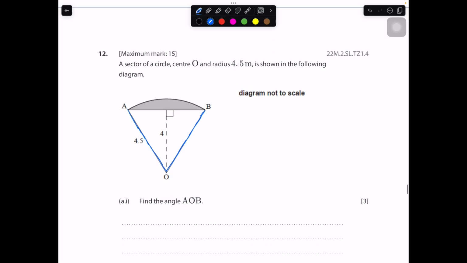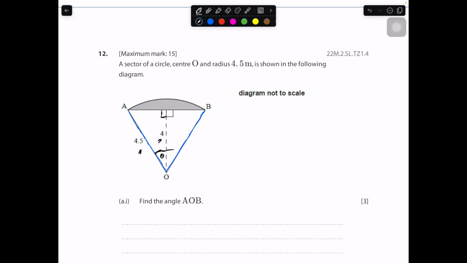They don't tell us what kind of triangle it is, but since it's part of a circle, if this is a radius, then this would also be a radius. So we know two side lengths. Actually, sorry, we don't even need to know that, really. Since we have one side length right here and another side length right here, and we know that it's a right angle triangle, we should be able to just use our plane trig ratios.